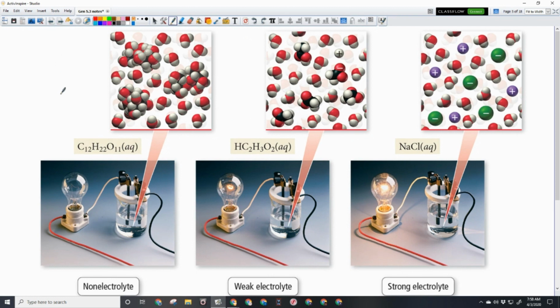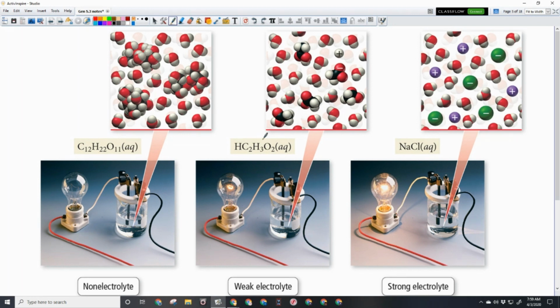All right, so now we're going to talk about electrolytes. So if you look down here at the bottom, electrolyte: when these acids or really any salt dissolves or doesn't dissolve in a liquid, the degree to which it dissolves is called an electrolyte.